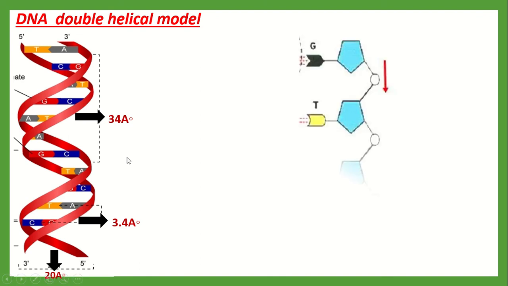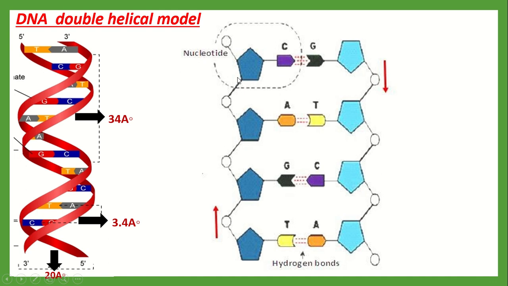Okay, everybody, see this figure here. This one is one backbone, that means one strand, and this one is another strand. This strand starts from 5 prime to 3 prime and this strand starts from 3 prime to 5 prime. Okay, and each strand consists of alternating deoxyribose sugar and phosphate group.